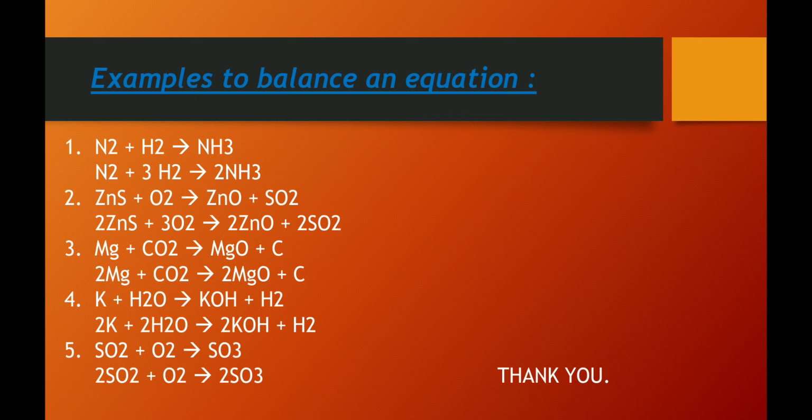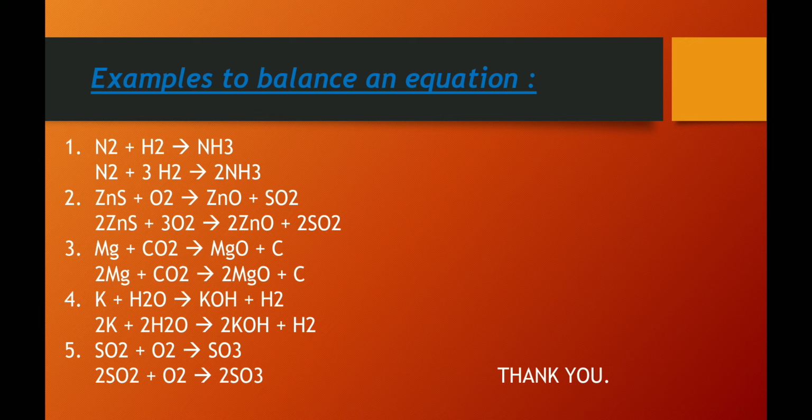Here this is a balanced equation. Why? Because on the reactant side 2 atoms of nitrogen we found, and on the product side 2 atoms of nitrogen. Similarly, on the reactant side there are 6 atoms of hydrogen, and on the product side there are 6 atoms of hydrogen because it is 2H3.